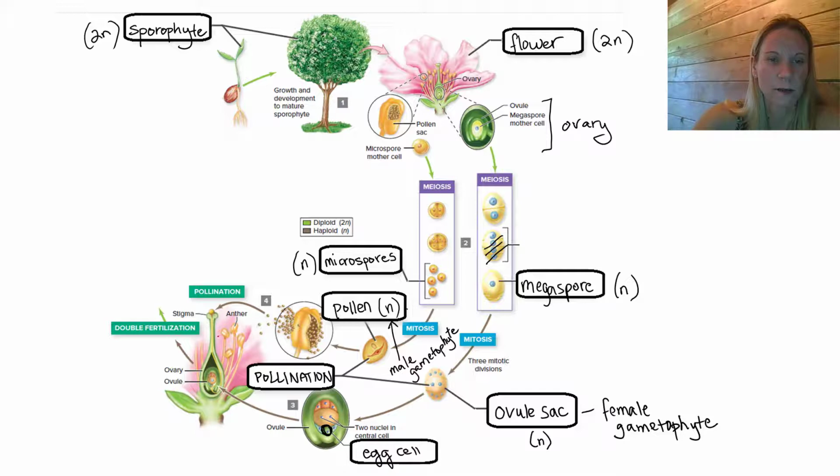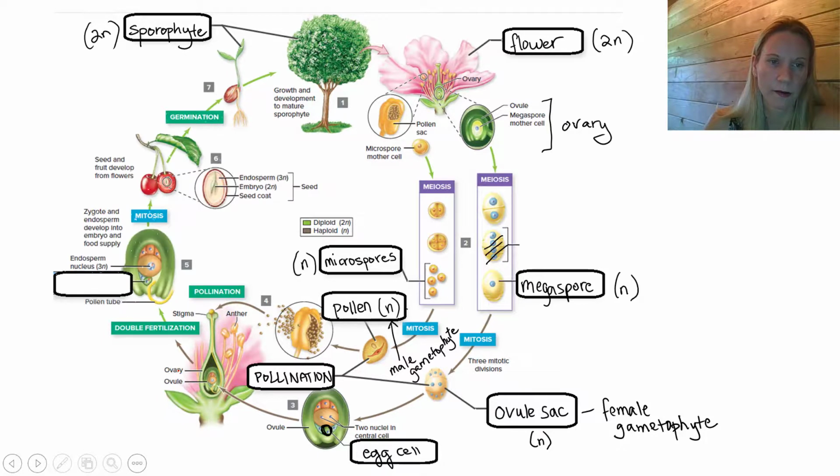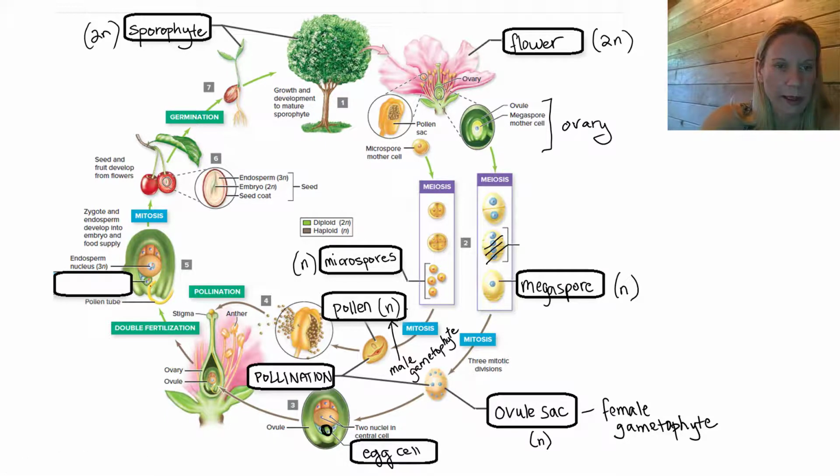And then a pollen tube forms that transfers the sperm to the egg. However, in that process, two sperm nuclei are transmitted. As a result, we end up with what is referred to as double fertilization.